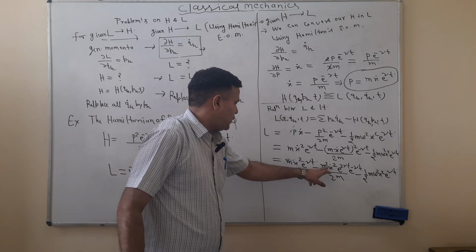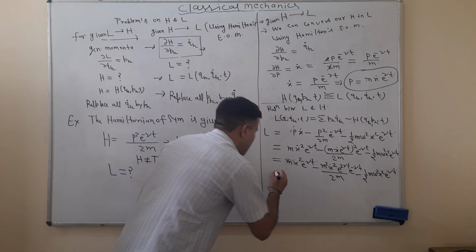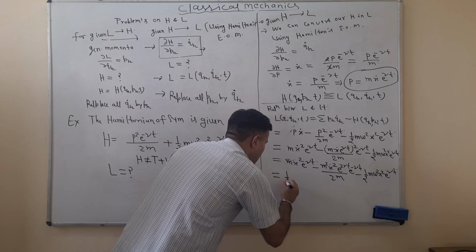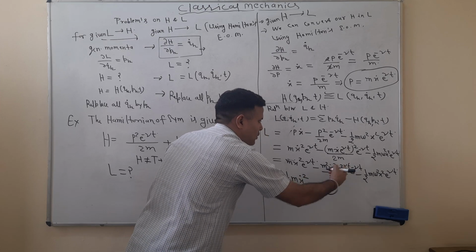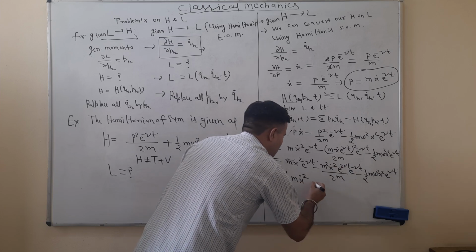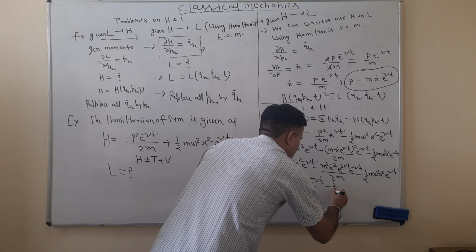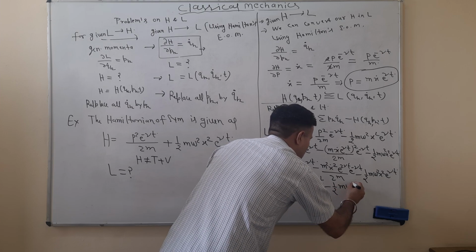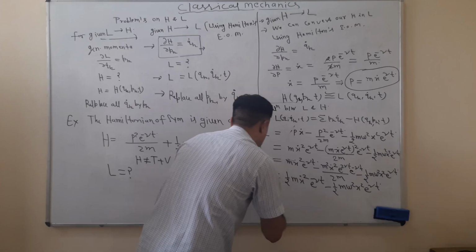So this will cancel out. This is 1 minus 1 by 2, which is 1 by 2. So we have 1 by 2 m ẋ square. This is minus νt, this is twice νt, again becomes νt, minus 1 by 2 m ω square x square e to the power νt.